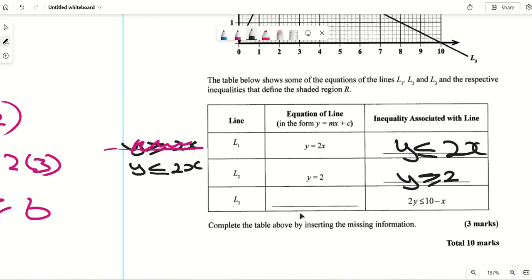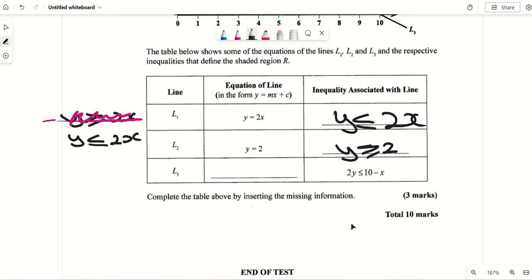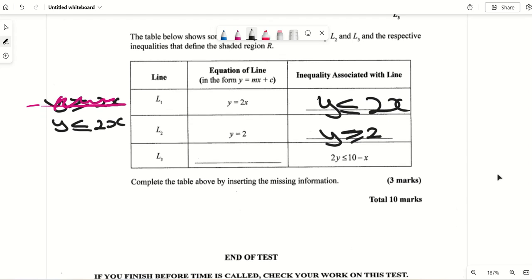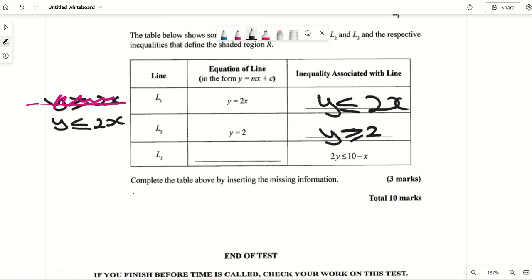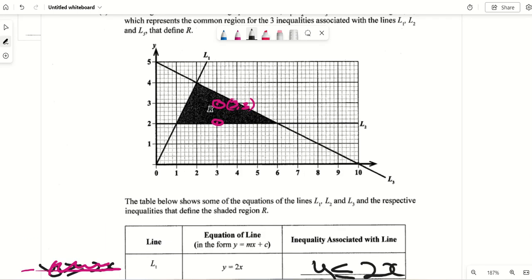Right? Then the last one here, they ask for the equation of your line. So to find your equation of the line, you have to find your gradient, which is y2 minus y1 all over x2 minus x1. So we need two coordinates from line 3. We have this coordinate right here, which is 10, 0. That means x is 10, y is 0. And this one is 0, 5.